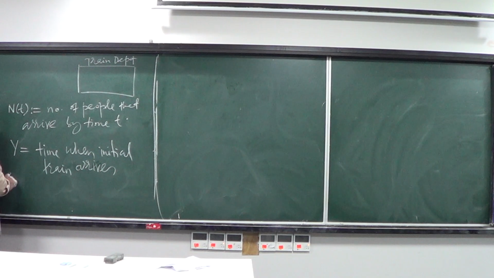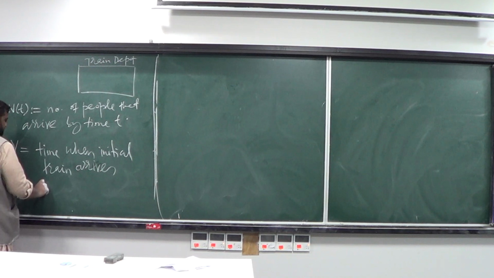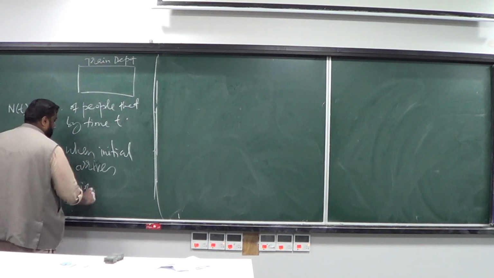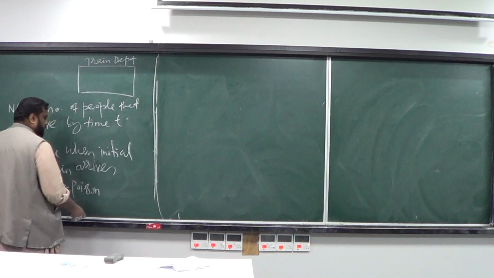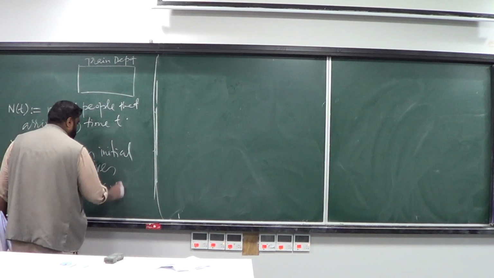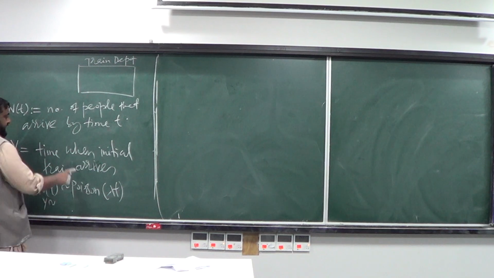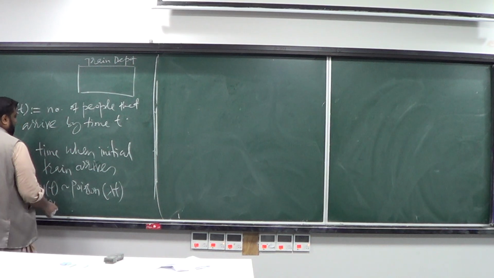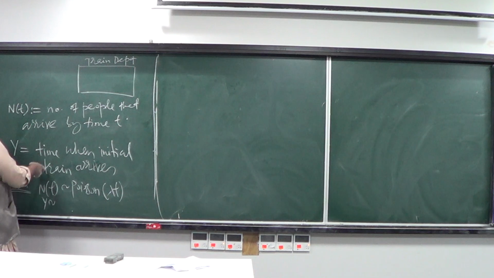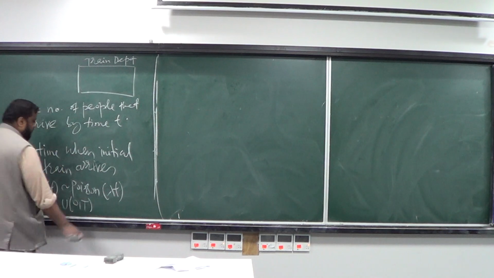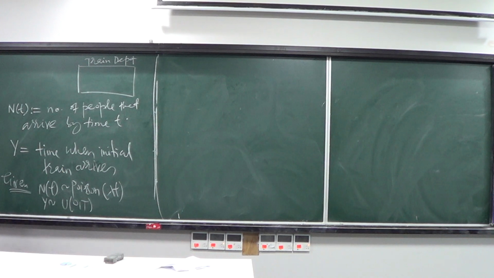Now there are two given pieces of information. N of t has a Poisson distribution, this is my assumption, with parameter lambda t, while the train arrives at any time. For example, the arrival time of the train at the depot is Y, and this has a uniform distribution over the interval 0 to t.